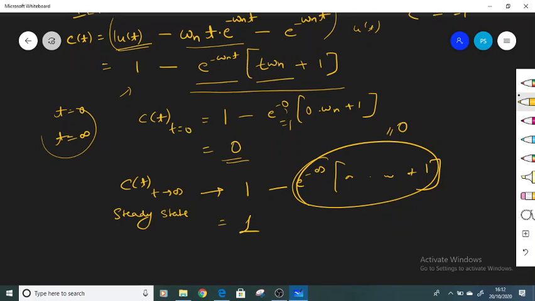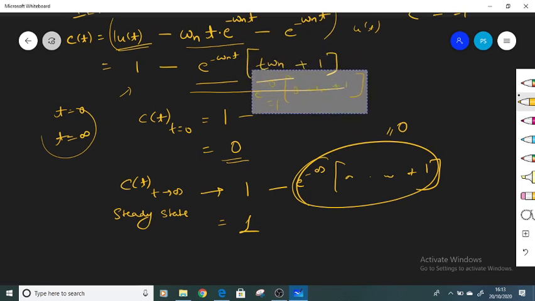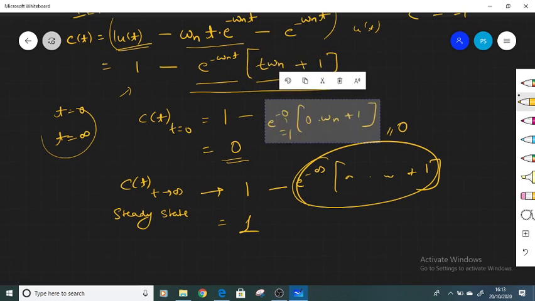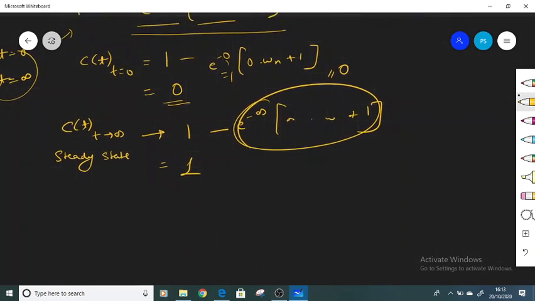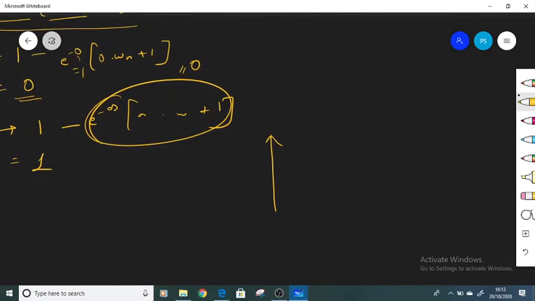So if I want to plot the curve for this critically damped case, then I can do it. I can plot the curve with respect to time. If I want to plot c(t), first this exponential multiplied by t into omega n.